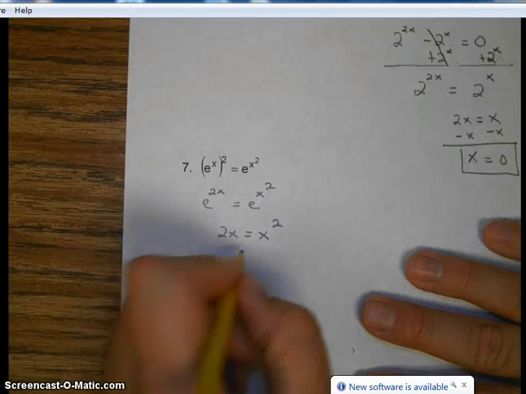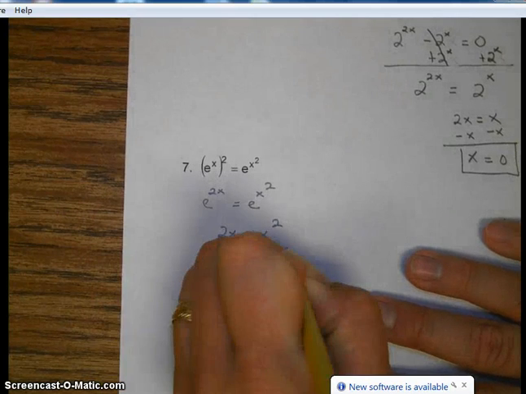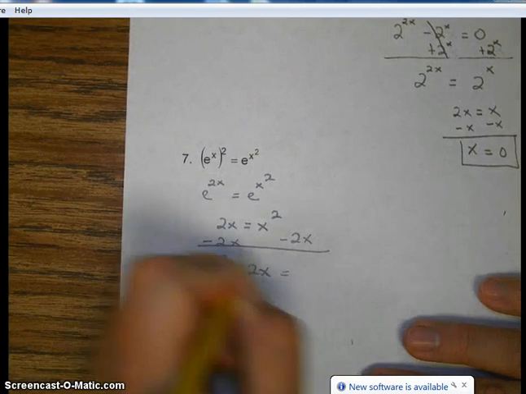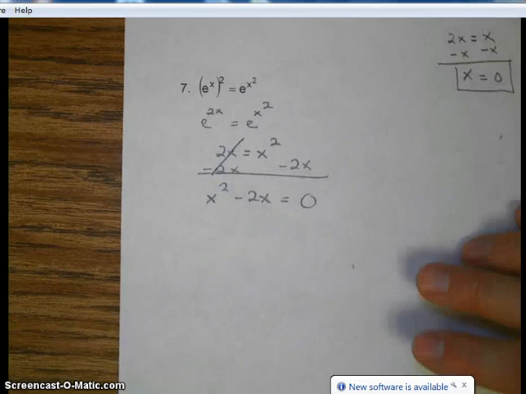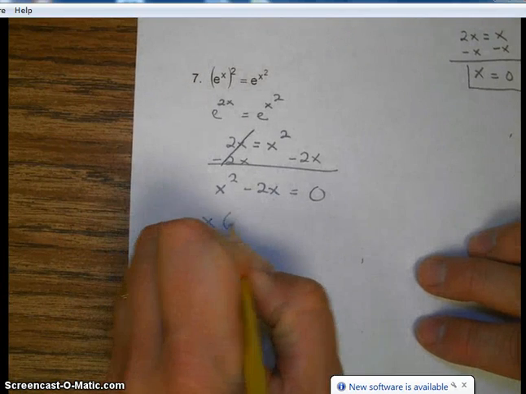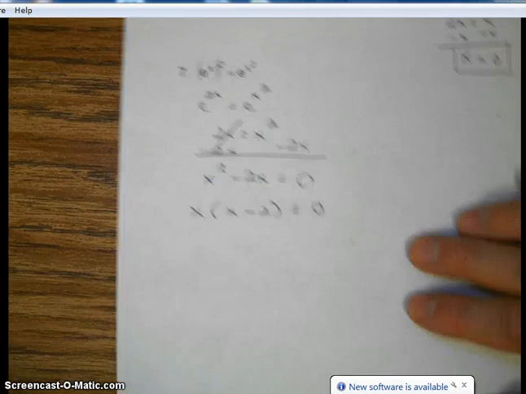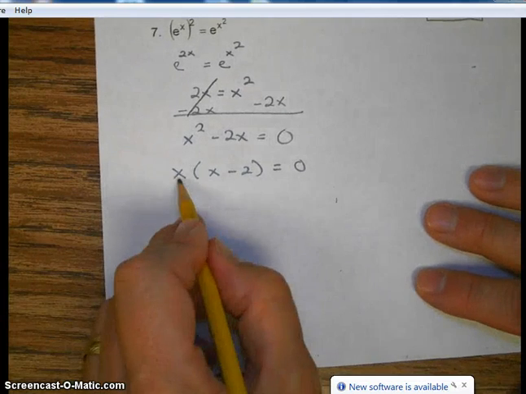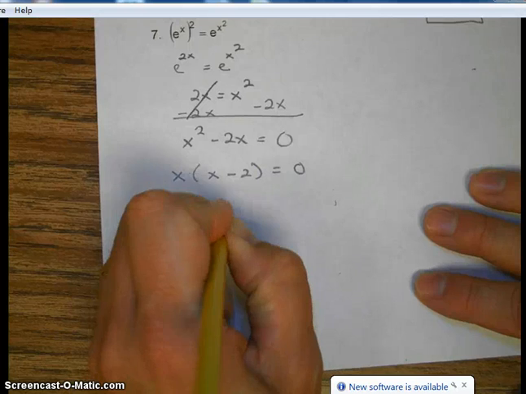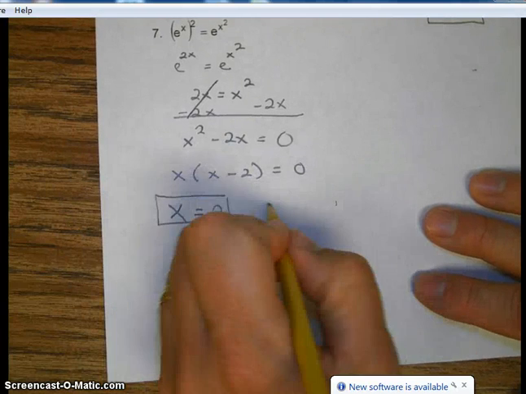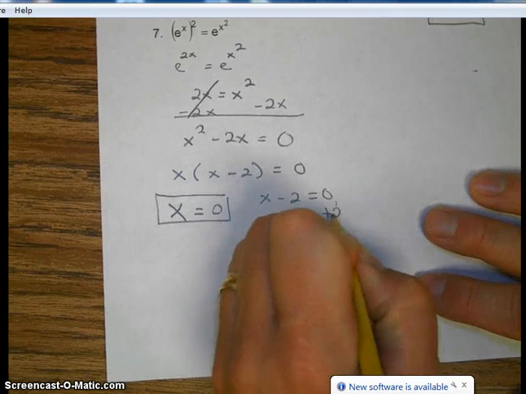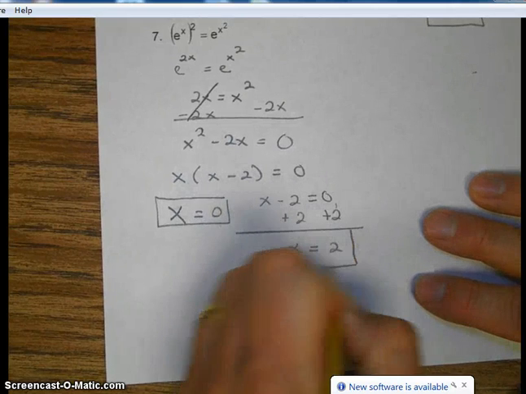It's quadratic, so we're going to have x squared minus 2x equals 0. This one's easy to solve just by factoring, so I'm going to factor out an x. Remember that when solving by factoring, we take each factor and set each equal to 0. So my first factor is x. So there's one solution. Take my second factor, set it equal to 0, and there's my second solution.